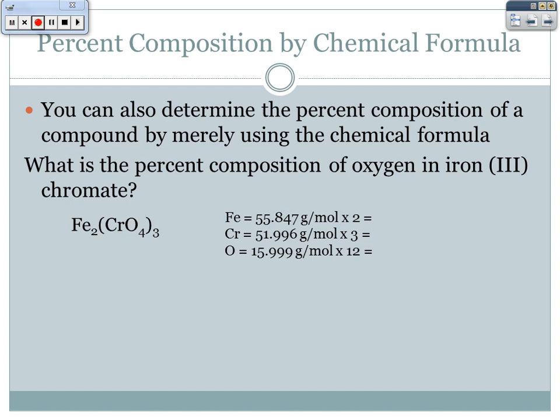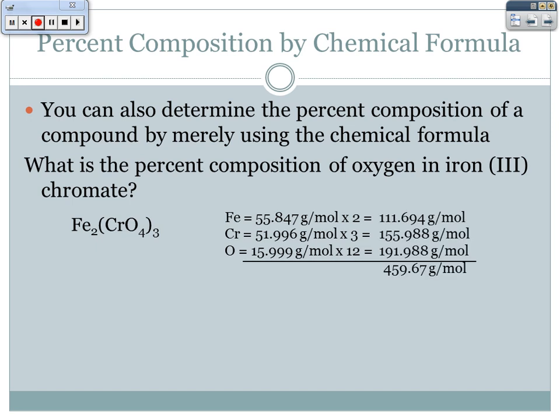Now, then you're going to need to figure out the molecular weight of iron 3 chromate. And so you've got 2 irons, 3 chromiums, and 12 oxygens. Once you add those all together, you get 459.67 grams per mole. Now, in order to figure out the percent composition, you just take the total atomic mass of oxygen in there.